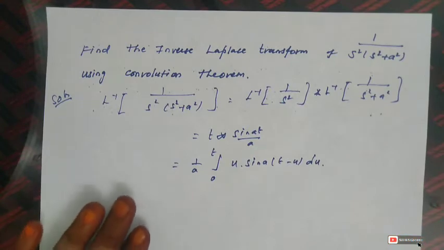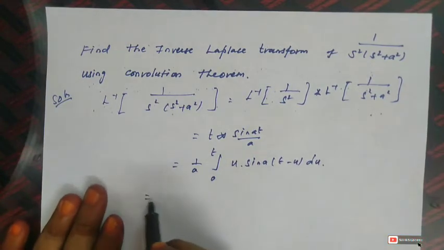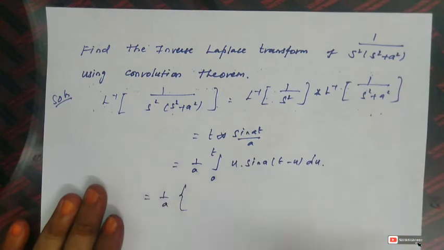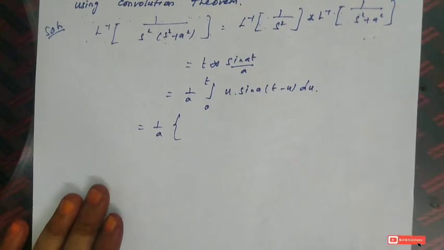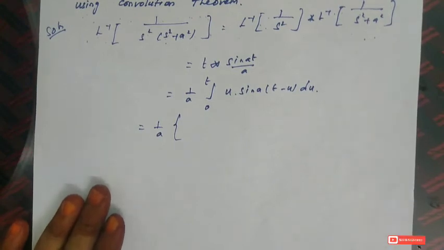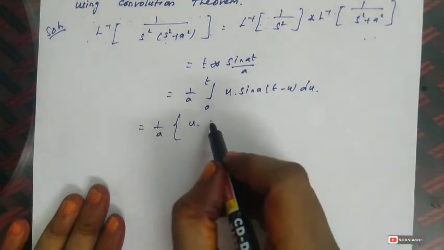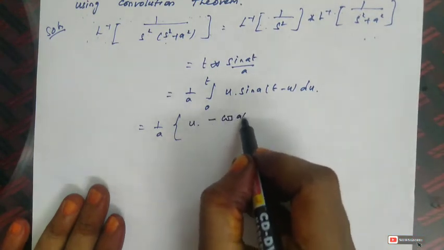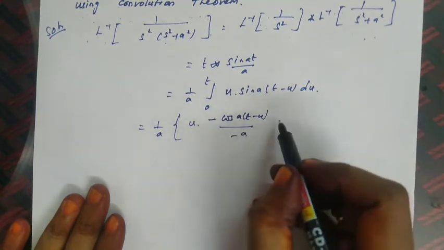Now we are going to integrate this. Here we can use the Bernoulli's result. So 1 by a, differentiable term we can take it as u, and integrable term we can take it as v. So u into integration of sin, minus cos a into t minus u divided by minus a.